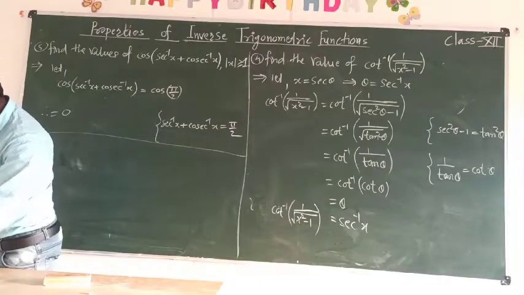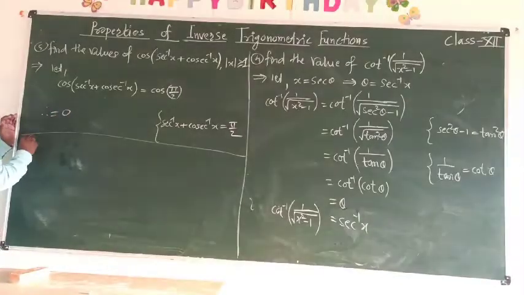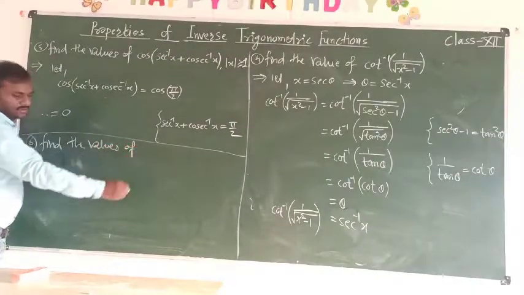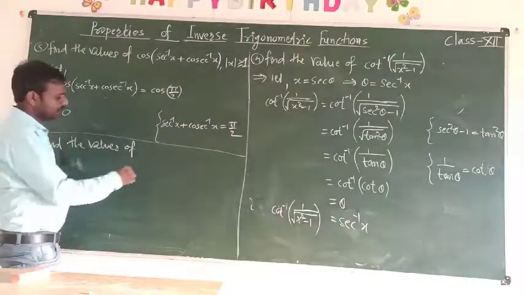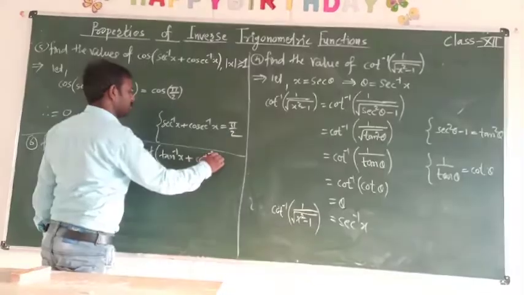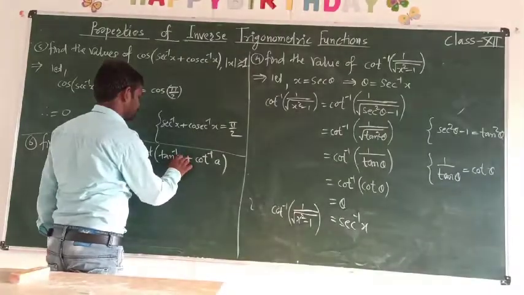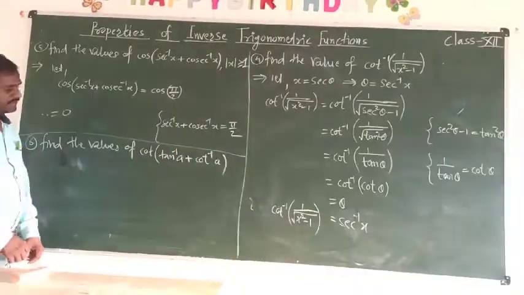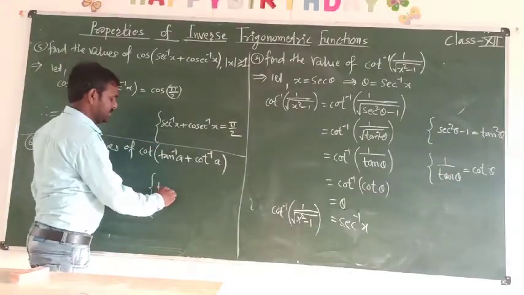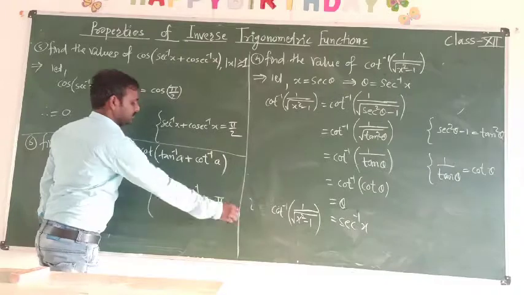Again, next one. Example number 6. Find the value of cot of tan inverse x plus cot inverse x. Again, same property: tan inverse x plus cot inverse x is equal to pi by 2.